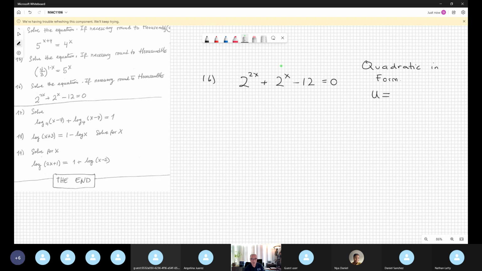So if I declare that u, my friend, helps me simplify this equation, is 2 to the x, then this is 12, this is 0, this is u, and this, being twice, is u squared. Makes sense, right?